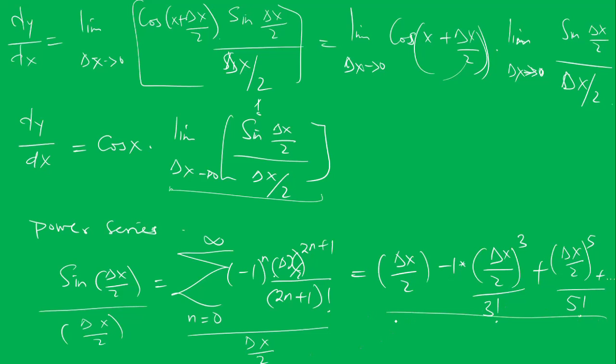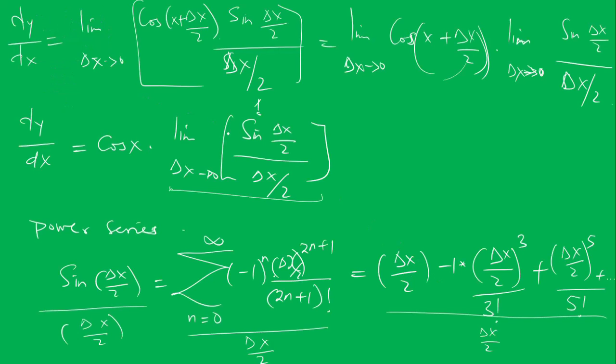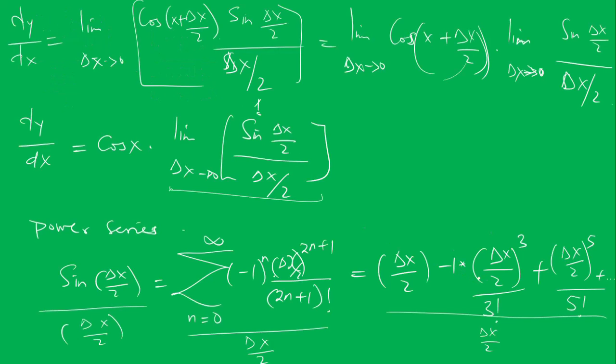Now, sine of delta x all over 2 divided by delta x all over 2 will be equal to, using this, delta x all over 2 divided by delta x all over 2, minus this expression.